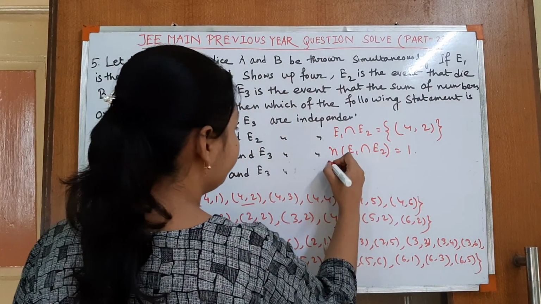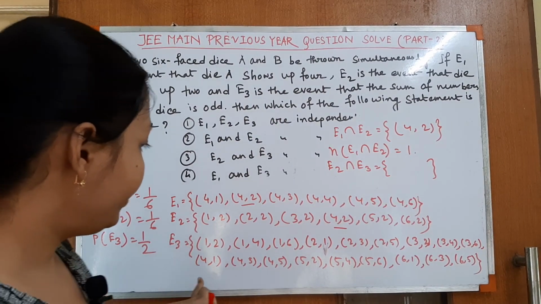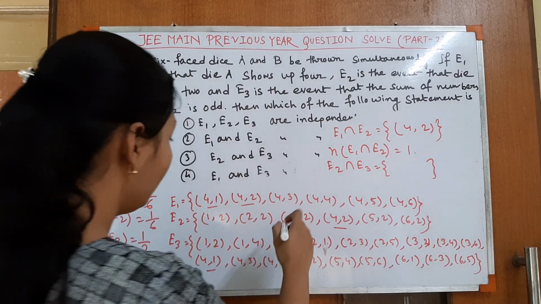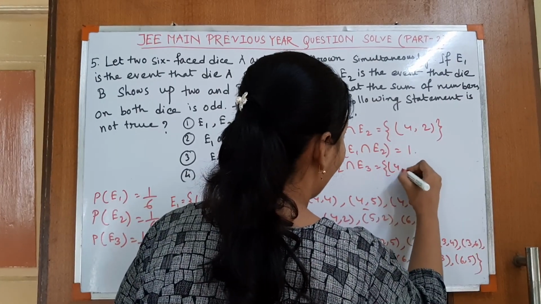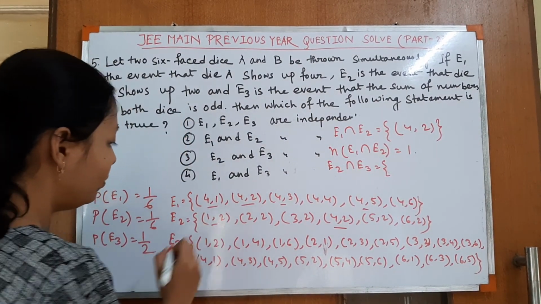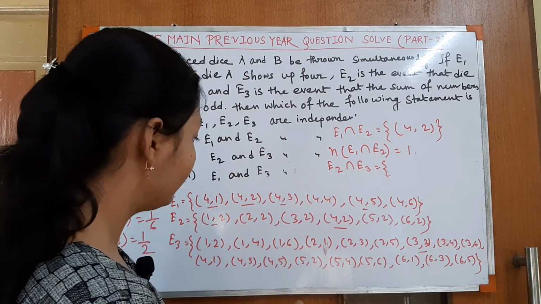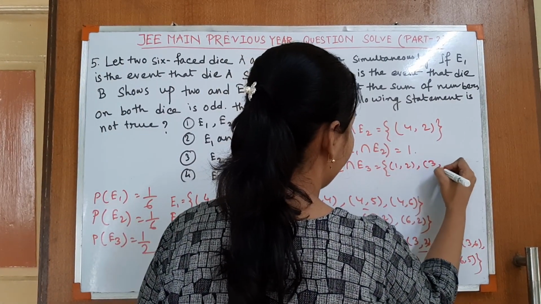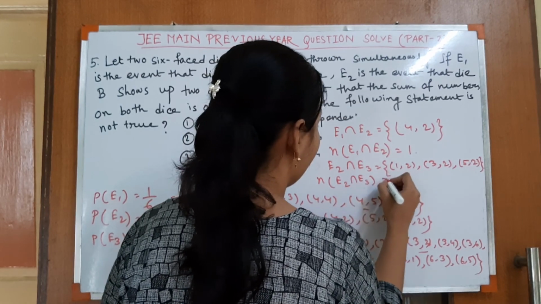Therefore E2 intersection E3, the common elements between sets E2 and E3, we get (1,2), (3,2) and (5,2). So the number of elements in E2 intersection E3 is 3.